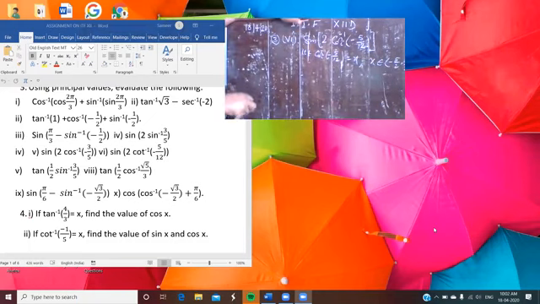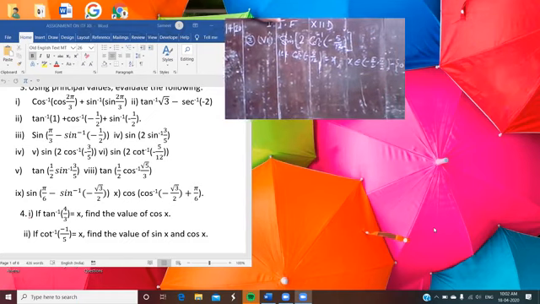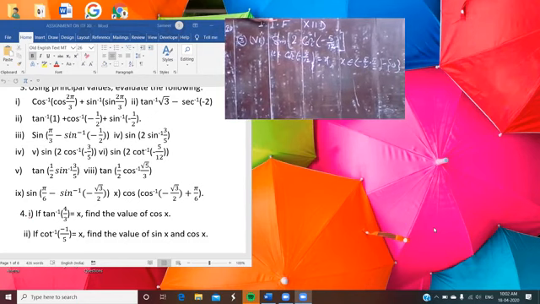Okay, except 0 means the 0 point is excluded here, in between minus pi by 2 to pi by 2. So you have to write it this way, and then from this result you can write cot x is equal to minus 5 by 12.